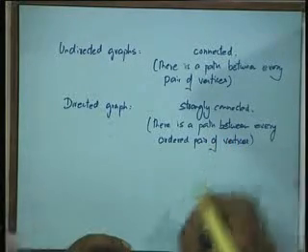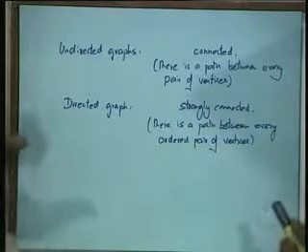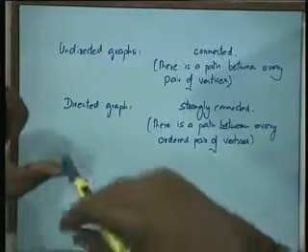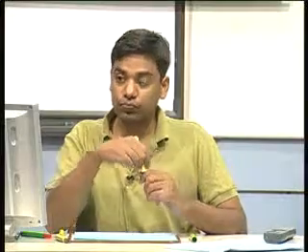Why am I using this term ordered pair of vertices? I said pair of vertices, but it is a directed graph. Maybe there is a path from u to v, but there is no path from v to u, right.